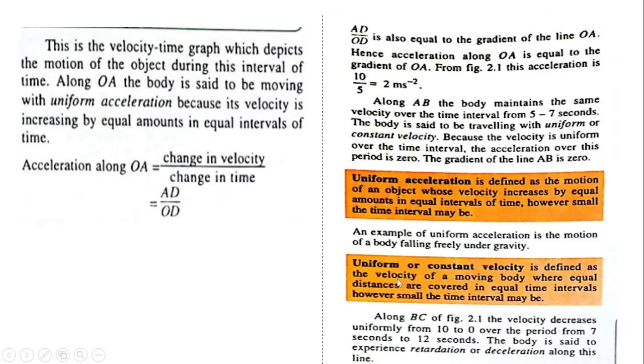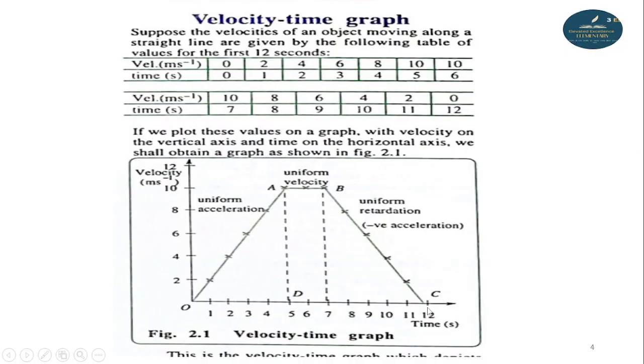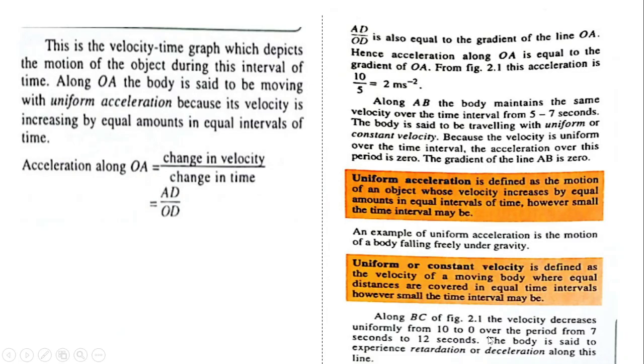Along BC of the figure above, the velocity decreases uniformly from 10 to 0 over the period from 7 seconds to 12 seconds. The body is said to experience retardation or deceleration along this line.